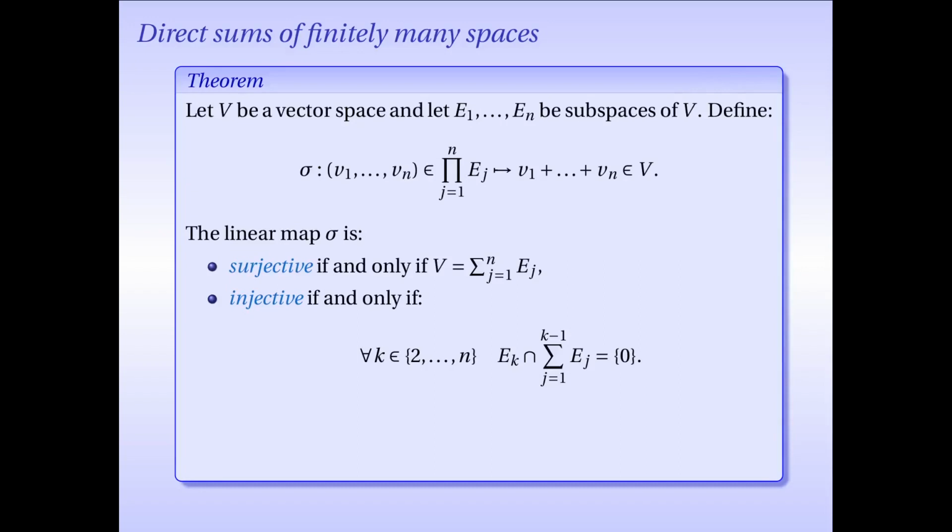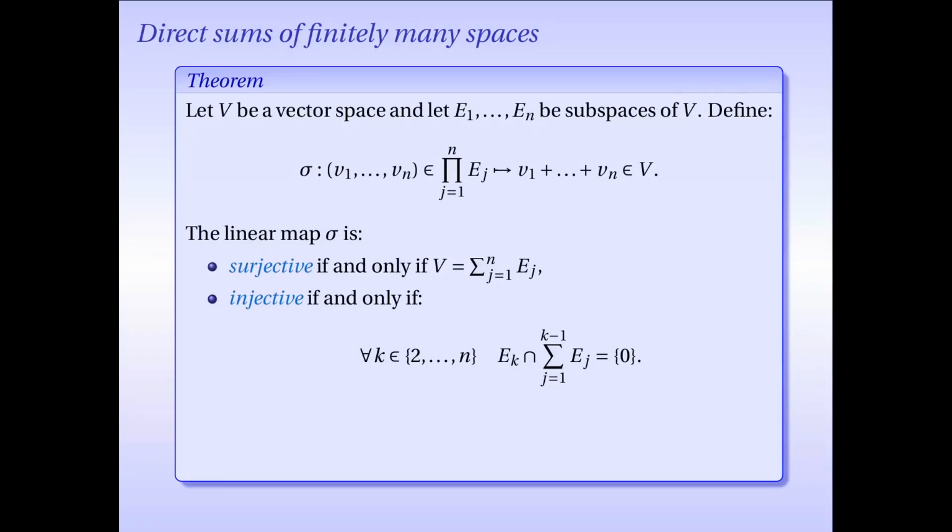Sigma is surjective if and only if the vector space is the sum of all of the subspaces E1, E2, etc., En. And it is injective if and only if we have this interesting property, which says the following. First of all, you want E2 intersect E1 to be the singleton 0. But then you also want E3 to intersect the sum of E1 and E2 only at 0.